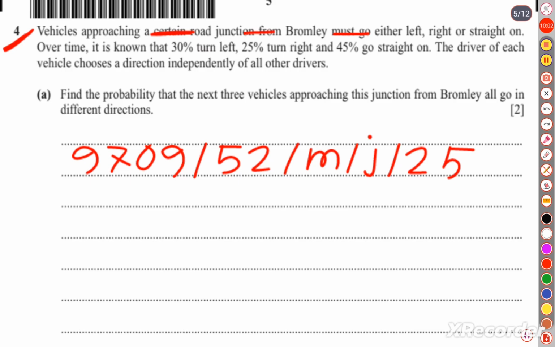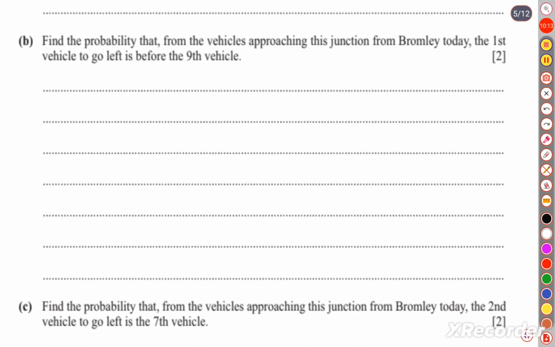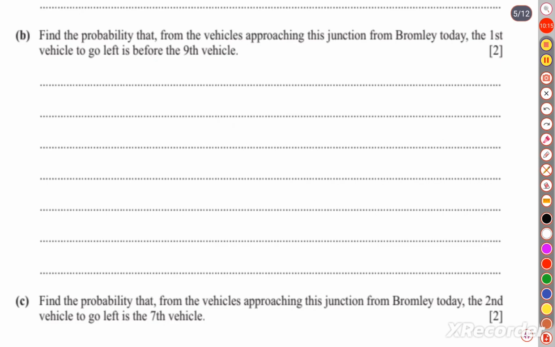So here it is not specified whether this is geometric or binomial. If we go through part B, then we can see that this belongs to geometric distribution. Let us see what B says.